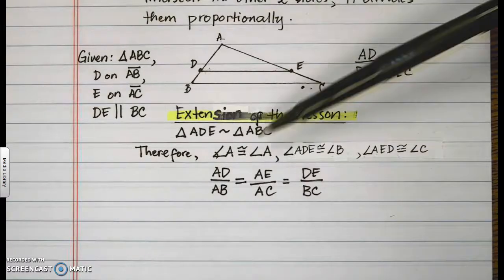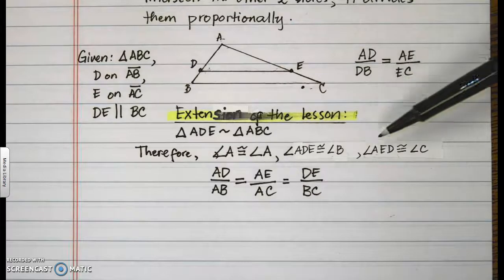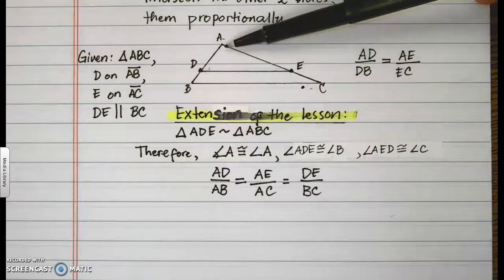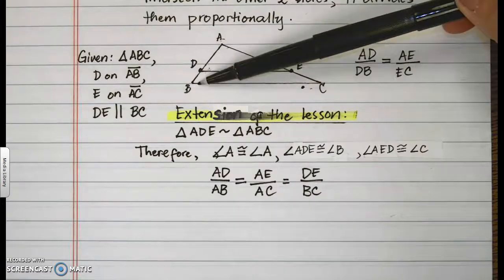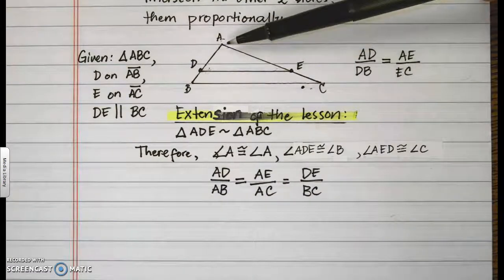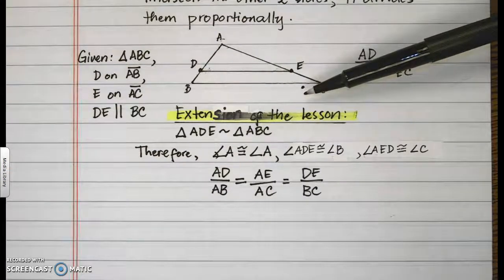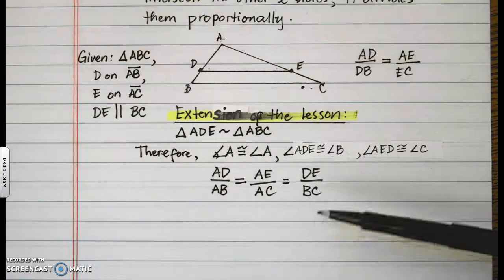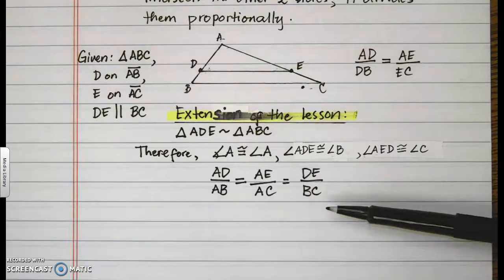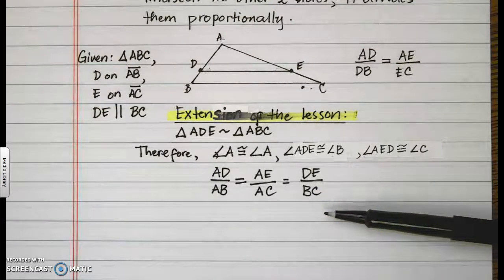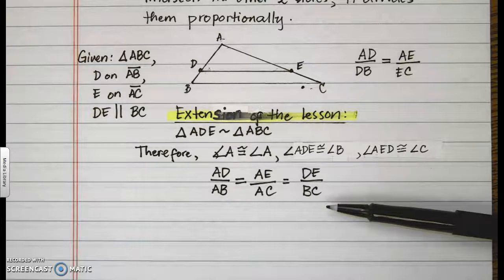All the corresponding angles are going to be congruent. So angle A is congruent to itself, angle ADE and angle B are going to be congruent, and angle AED and angle C are going to be congruent. And not only that, the corresponding sides are going to be proportional as well. So what are the corresponding sides in this case?